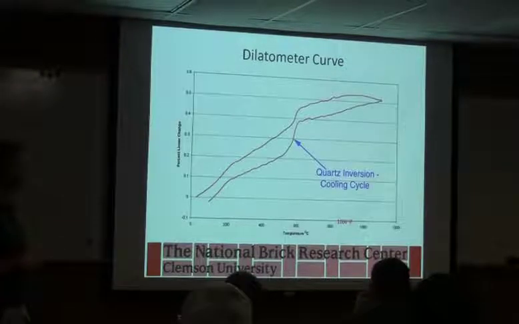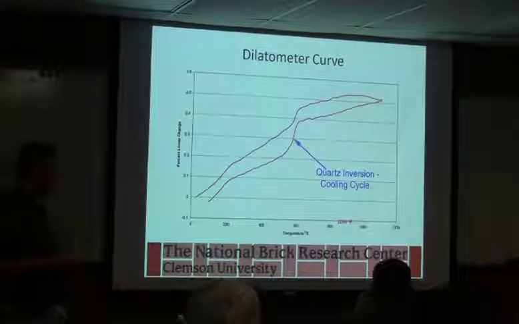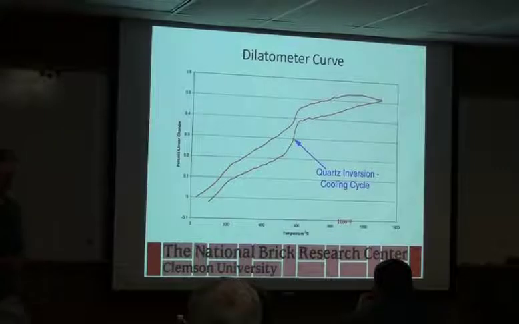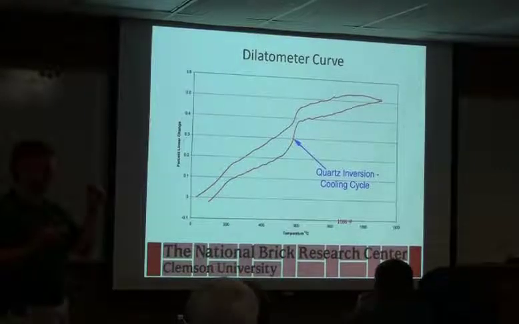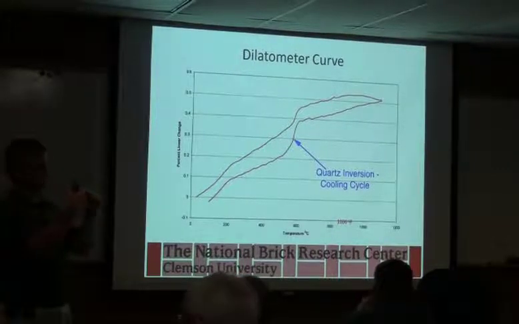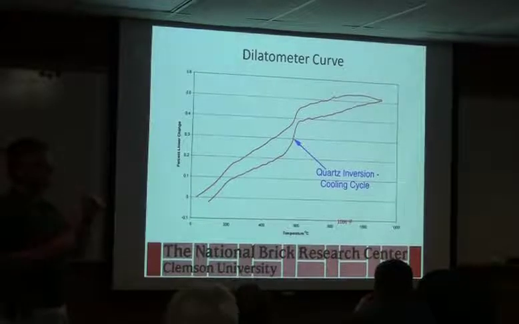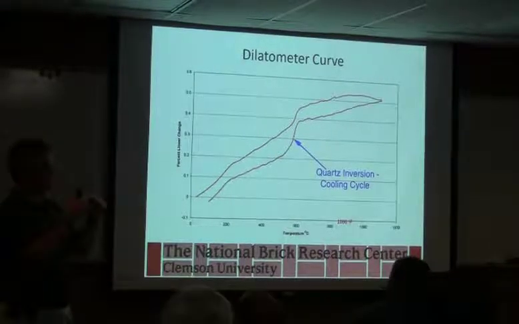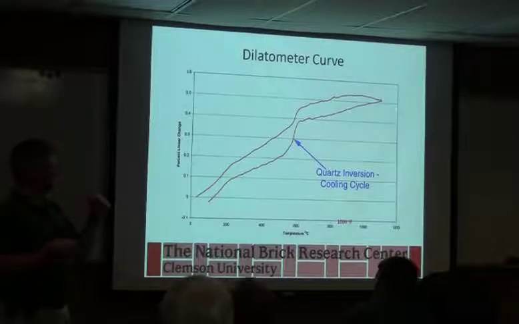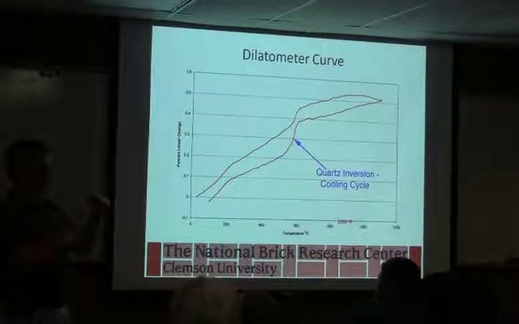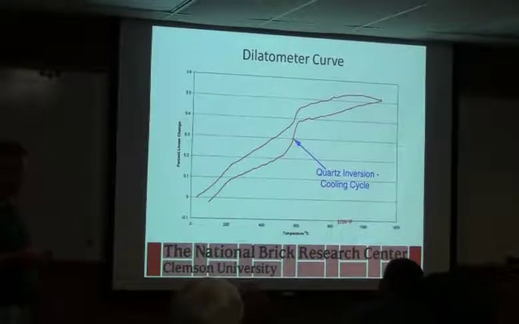Dilatometry curve. A dilatometer looks at size change per temperature. Basically it has a little spring-loaded stick up against the part, a little 1-inch stick of your material, and as you heat it up, it has a super sensitive micrometer on the end of it that measures how much size change it goes through as we heat it up.